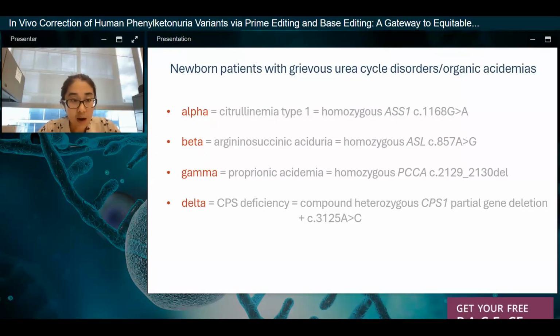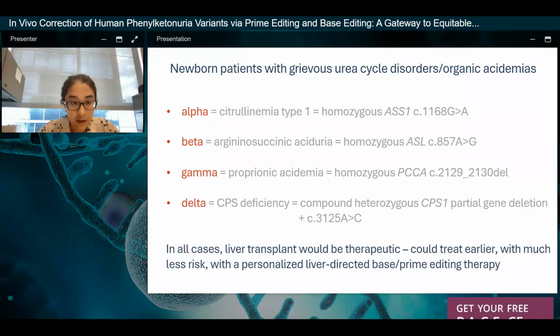So right now, we are also working on a group of devastating, ultra-rare inborn errors of metabolism centered in the liver, the urea cycle disorders and organic acidemias. We began to track each patient diagnosed with one of these diseases by newborn screening at the Children's Hospital of Philadelphia. Here are the diseases and genetic variants of the first 4 patients we identified.